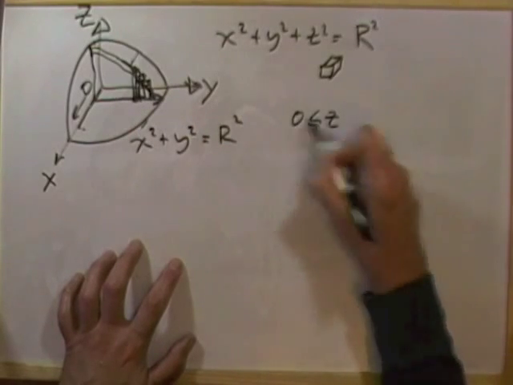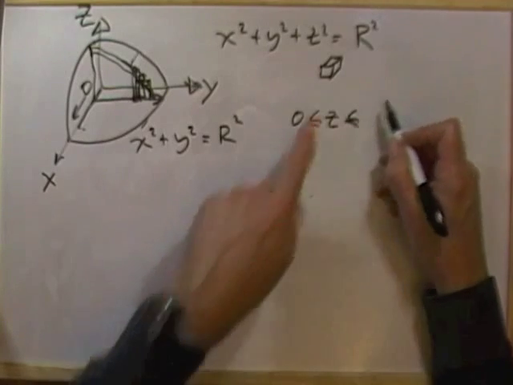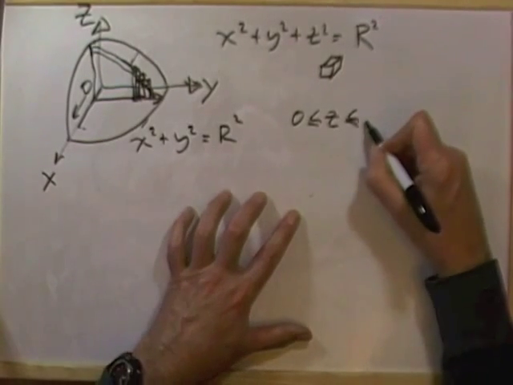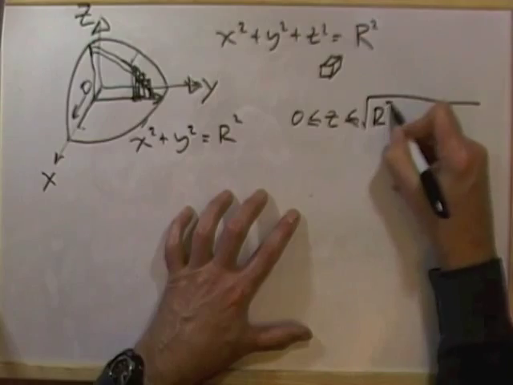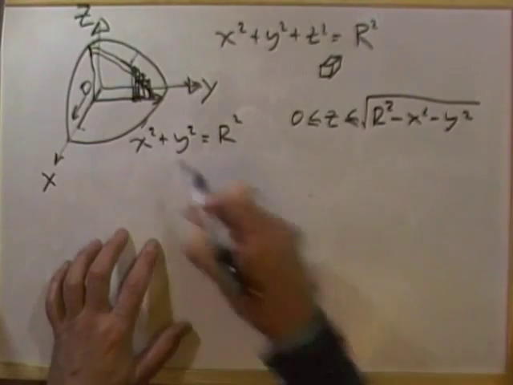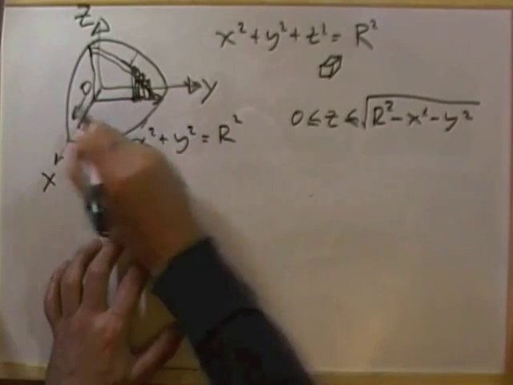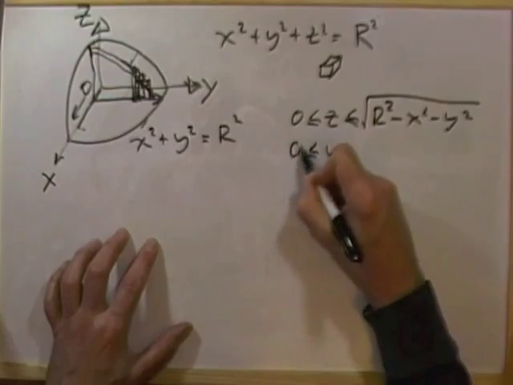Z would start at 0 and go up until it hit the roof. Rearranging that equation, that means it would go up to the square root of r squared minus x squared minus y squared. Once I'd gathered up the z's, I'll start collecting these columns along the way in the y direction.